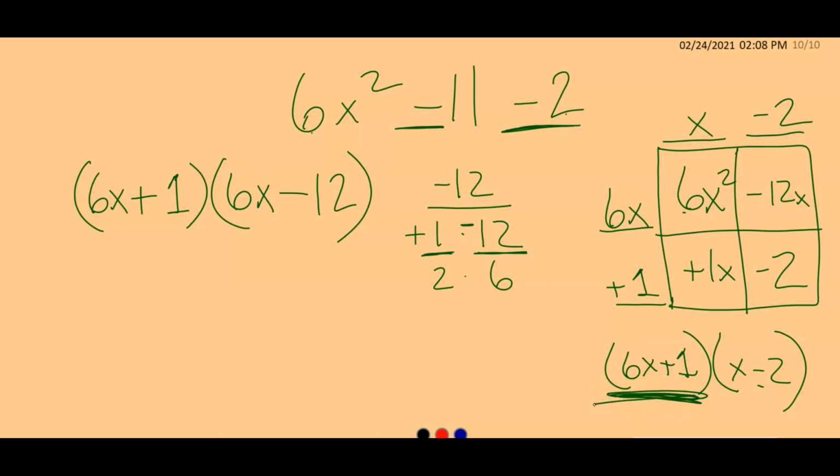So you know that the 6 is going to go in this binomial right here. So let's take a look at this one. Well, I can divide 6 and 12 by 6. And what does that give me? It gives me x minus 2.